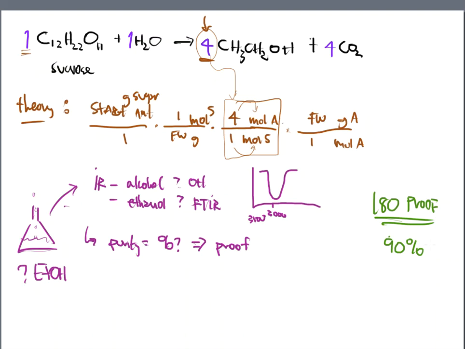If this is 90% ethanol, then the other 10% should be water. And that water is coming over because you cannot fully separate the alcohol and water from each other. And then we're giving you a little bit of wiggle room because we know that some of the water, maybe some extra, will come over in your distillation flask on the collection side of the setup.